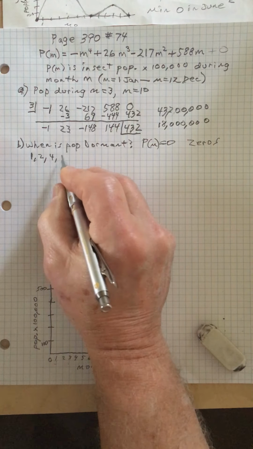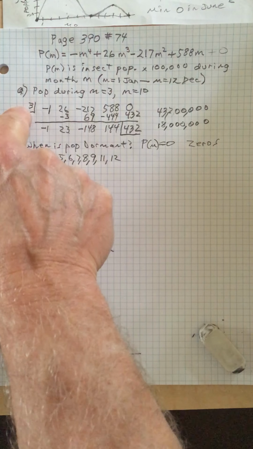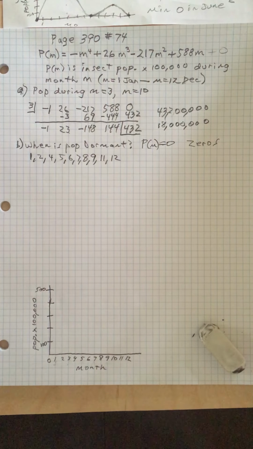So 10 is not a 0. Remember, you got to have a 0 here for this value to actually be a 0. So we can skip 10. So we're only interested in any of these as possible zeros. Now, we don't want to try each one of these in here one at a time. That's a lot of work. So let's see if we can narrow it down a bit.